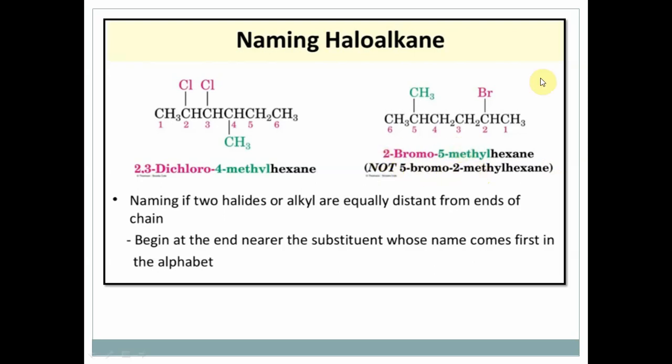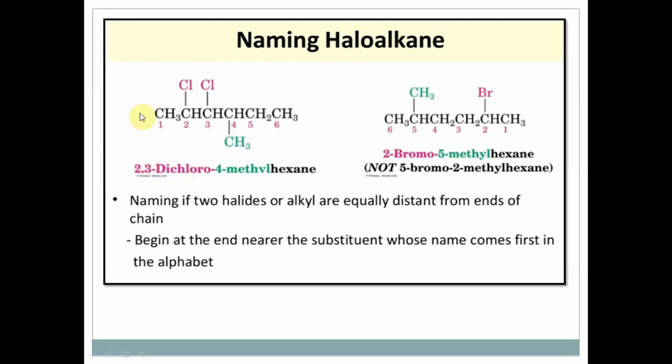Because bromine comes first, we start numbering from this side. If we numbered from the other side, bromine would get the second position. Bromine is at the second position either way, but alphabetically bromine is first, so we do the numbering from this side.